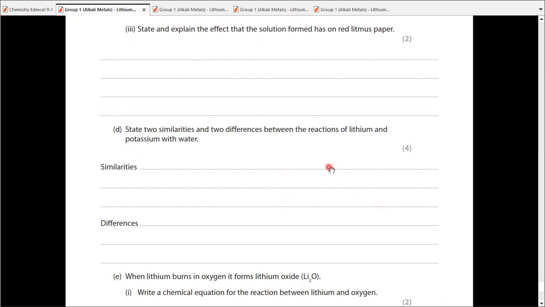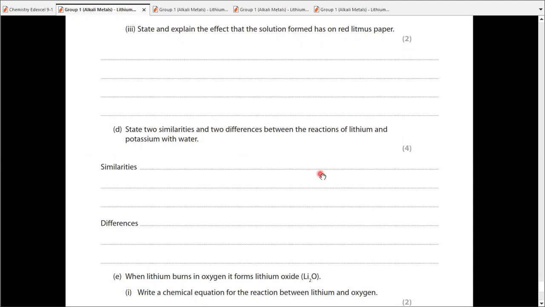State the effect of this one? I don't think so.